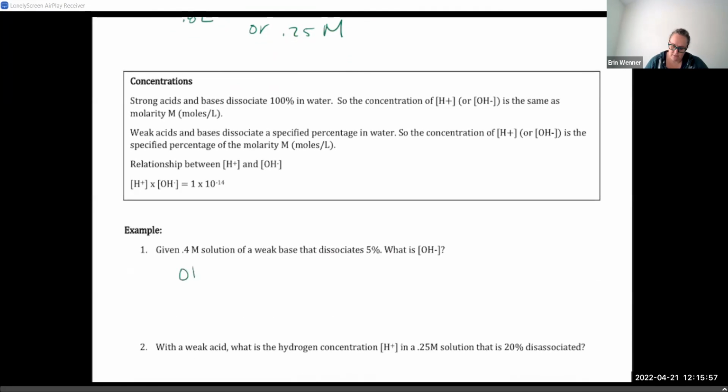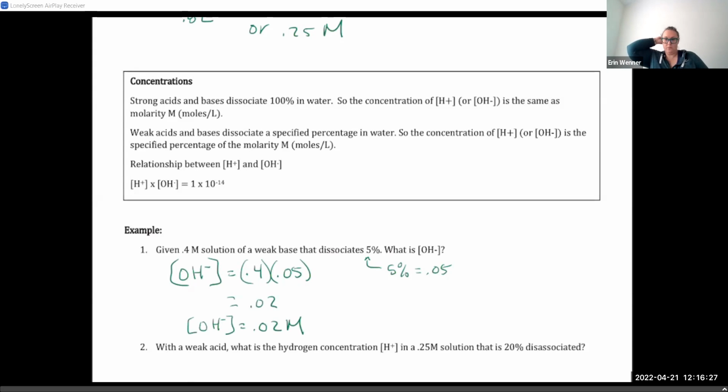So OH negative is going to be taking our molarity, 0.4, and multiplying it by its percentage as a decimal number, right? 5% equals 0.05. So when I multiply these together, I get 0.02. Therefore, OH negative is equal to 0.02 moles per liter.